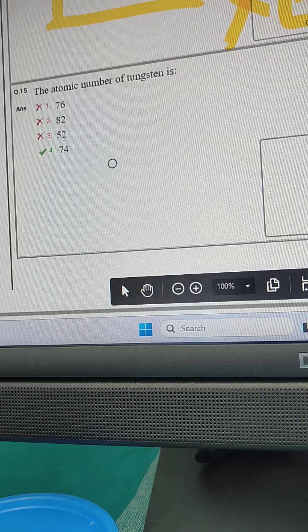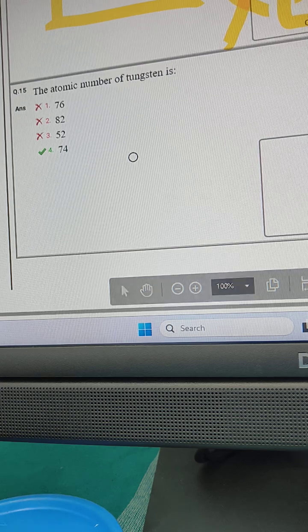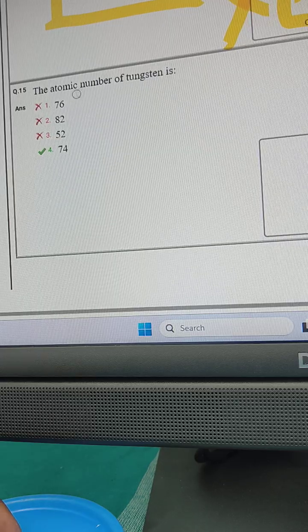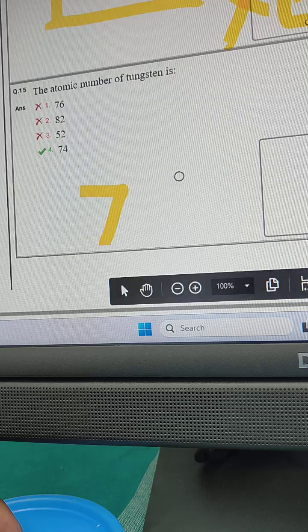In short, if you ask about exposure, you should know everything: x means exposure, the x-axis is exposure, and the y-axis represents the density. The atomic number of tungsten is 74.